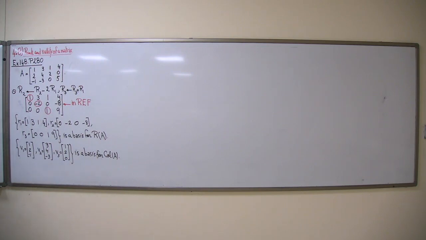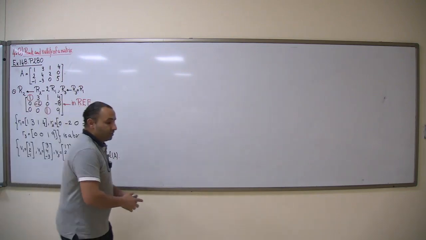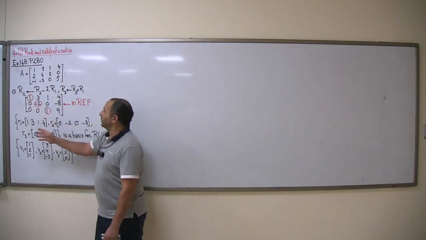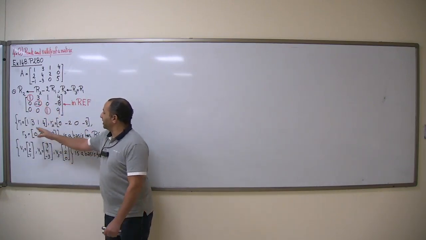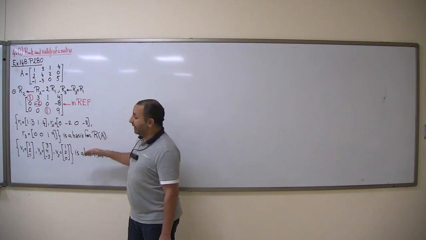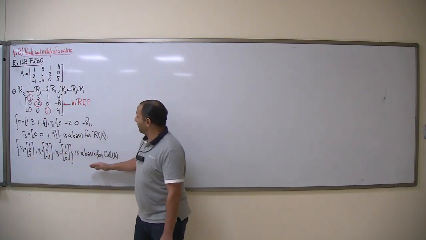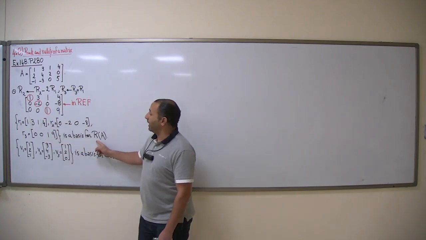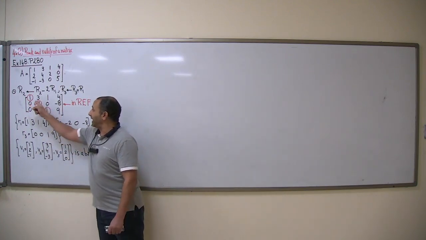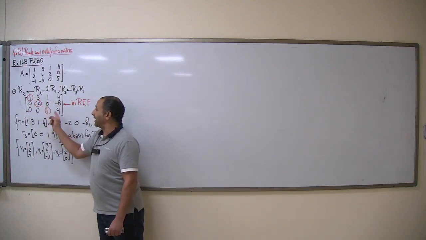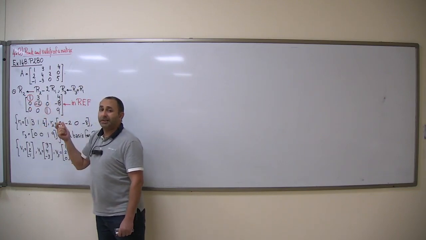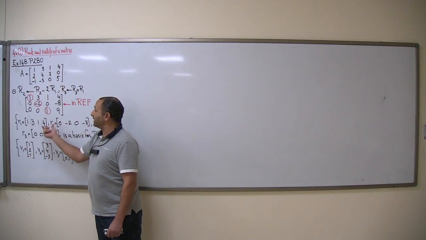Okay, so here a very simple observation. You see how I counted the leading terms, which are the pivots, to figure out a basis for the R of A, and also to figure out the basis for the column space of A. Now, if I ask you for the dimension of R of A, obviously it is exactly the number of pivots that I counted, because for each pivot corresponds one row, I take exactly that row and I put it as a vector in the basis.